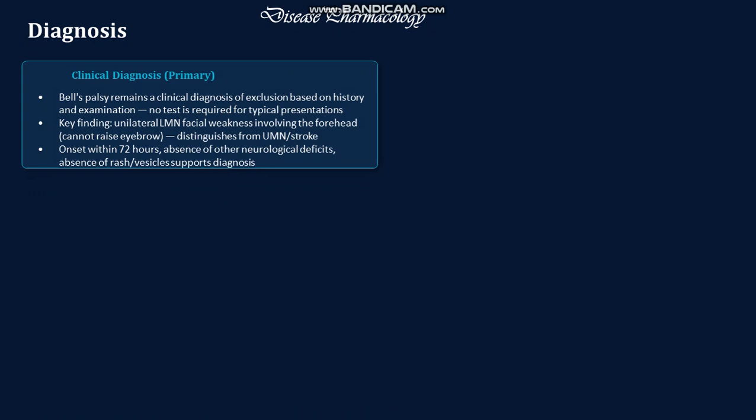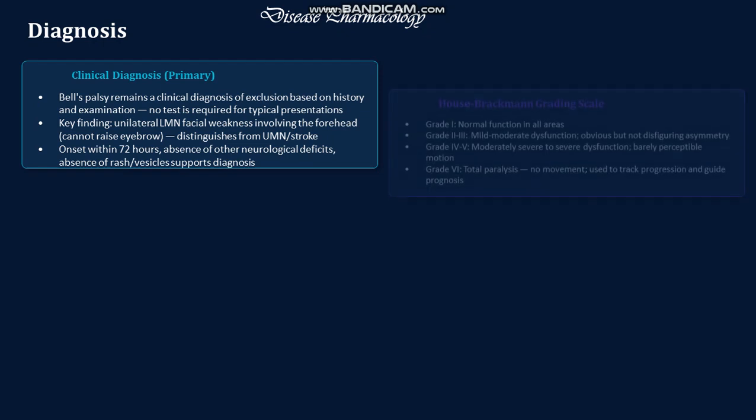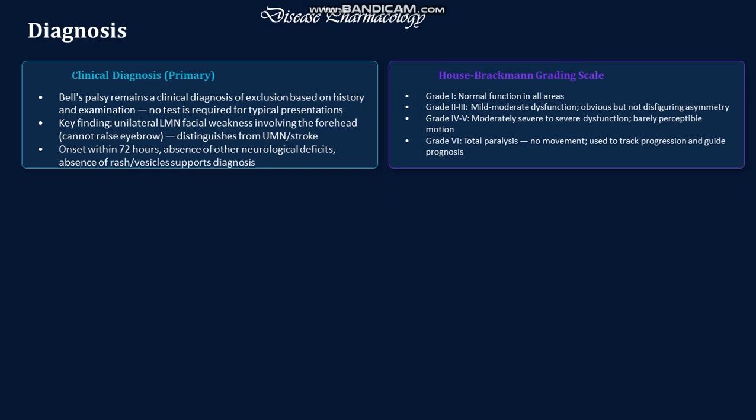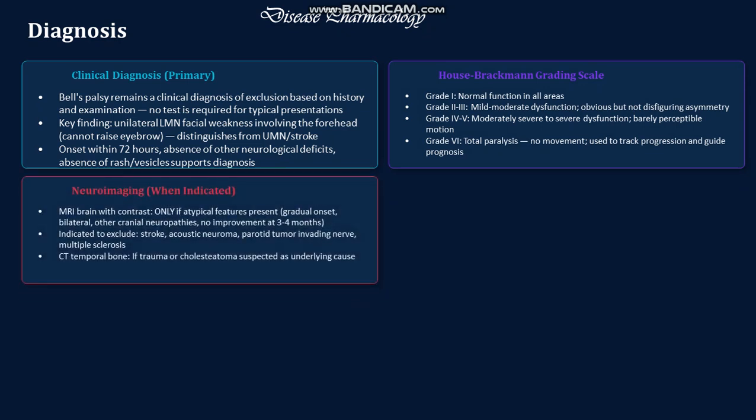Key finding: lower motor neuron facial weakness involving the forehead, distinguished from upper motor neuron weakness involved in stroke. House-Brackmann grading, neuroimaging, MRI with contrast, and CT.